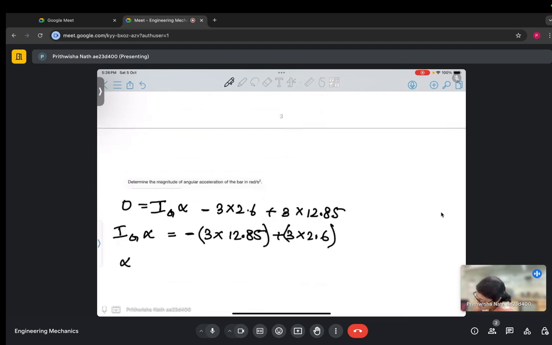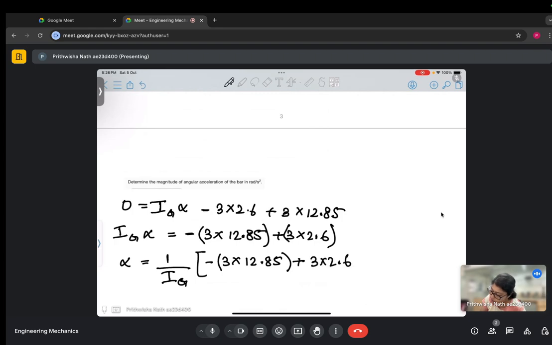Therefore alpha equal to 1 by Ig into 2.6.